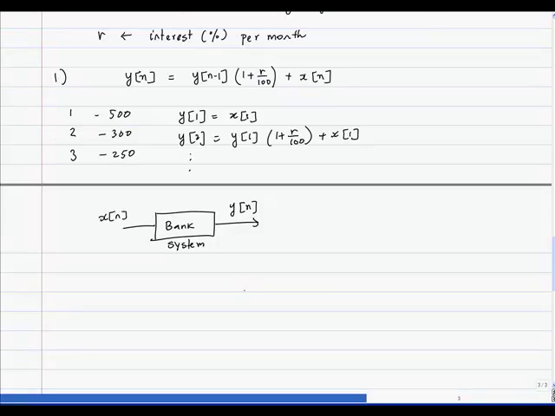Okay. There is another way to write the input-output relationship too. It's just a little more messy than this.